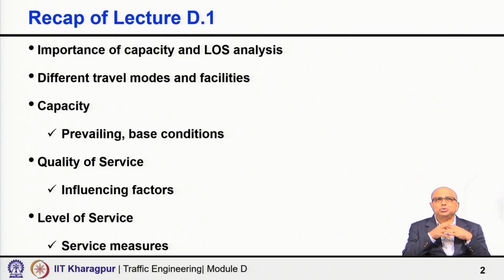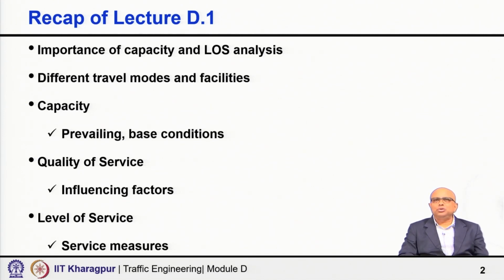I also mentioned the concept of capacity, the concept of base conditions, how prevailing conditions differ from base conditions, the various factors which may influence the quality of service, and the 6 levels of service and different service measures.